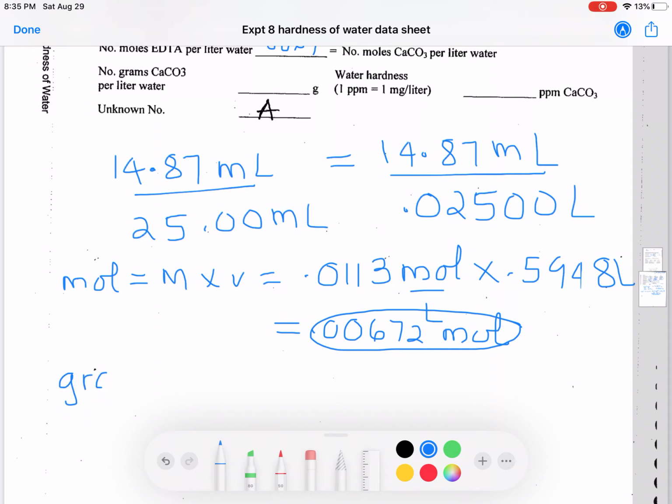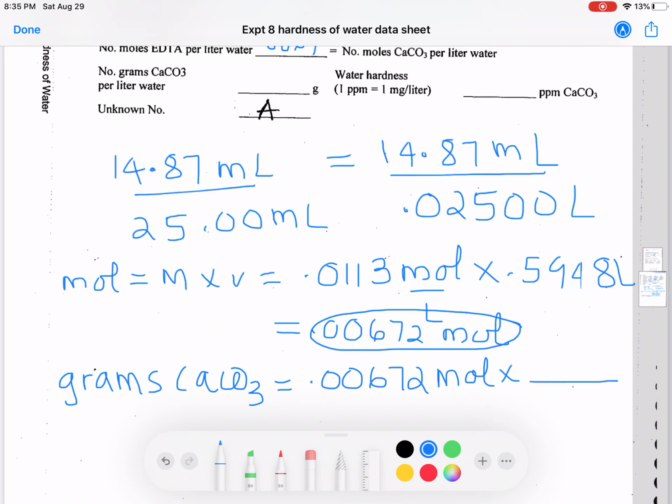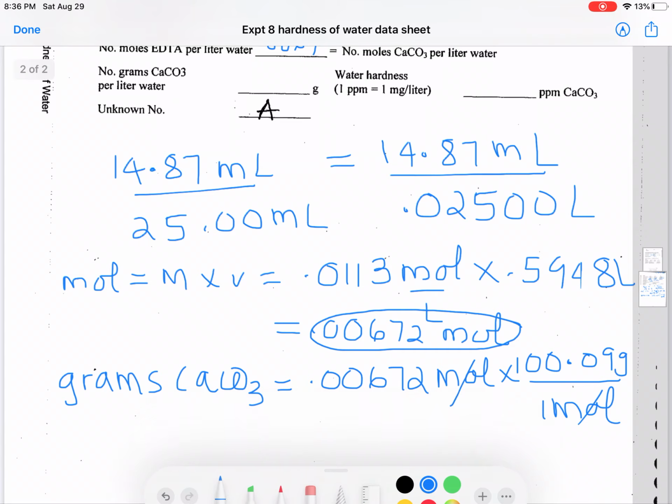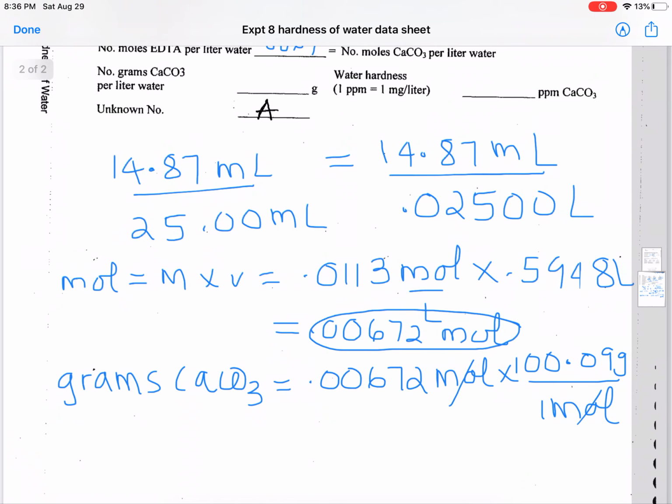So how do you convert moles to grams? To find the grams of calcium carbonate, you take that 0.00672 moles and convert it to grams. 1 mole of calcium carbonate is the molar mass of calcium carbonate, so 100.09 grams. Moles cancel and you will find the grams.